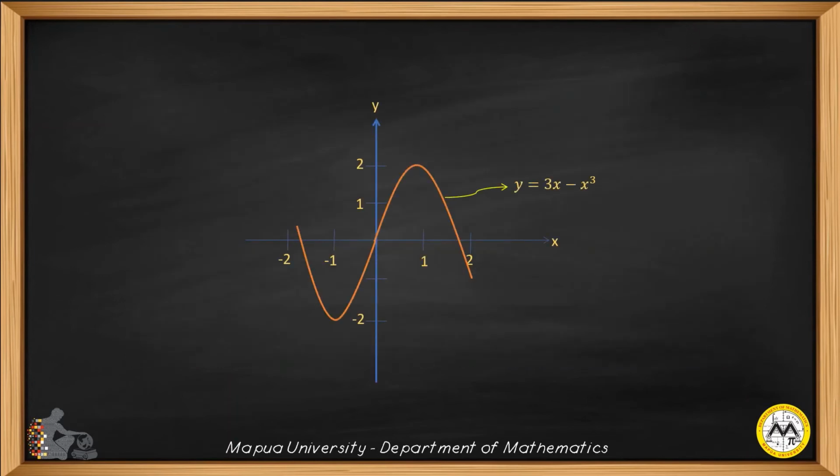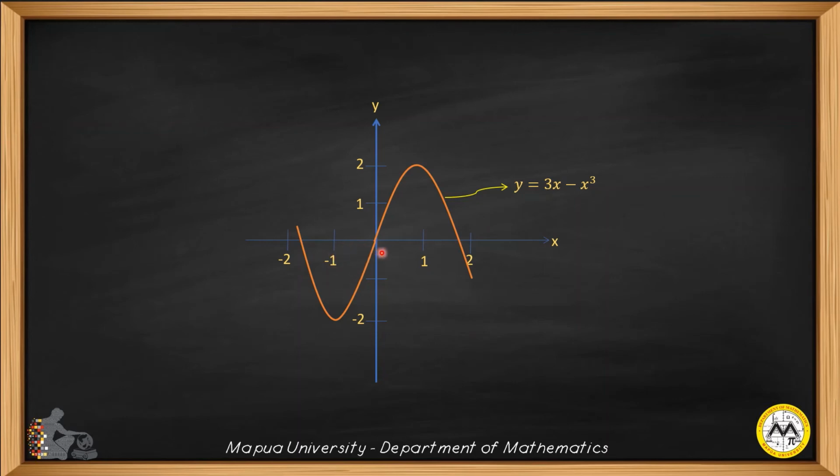So, based on the result, we now can sketch this graph. Take note that -1, -2 is a minimum point, +1, 2 is a maximum point, 0, 0 is a point of inflection, and that whenever x is less than -1, concavity is upward.